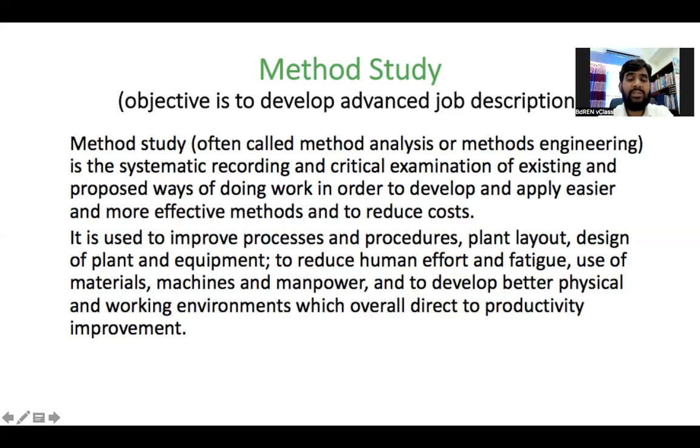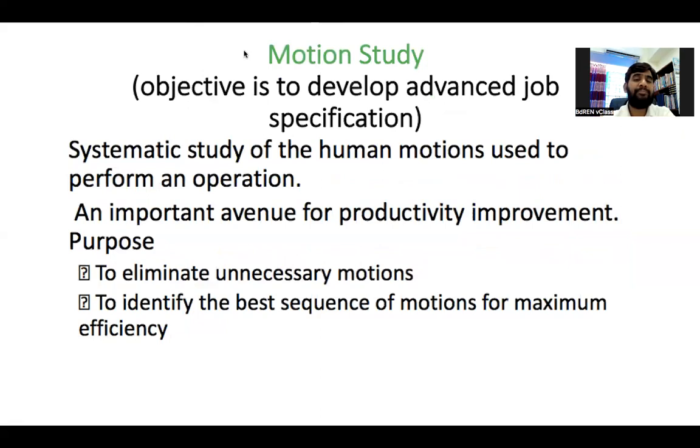So the input is the same, and your productivity has improved. It was 20 divided by your input, maybe your salary was 18. So 20 divided by 18. Now your input is the same, 18, output is 25. 25 divided by 18. So method study is done to improve the productivity of a company.